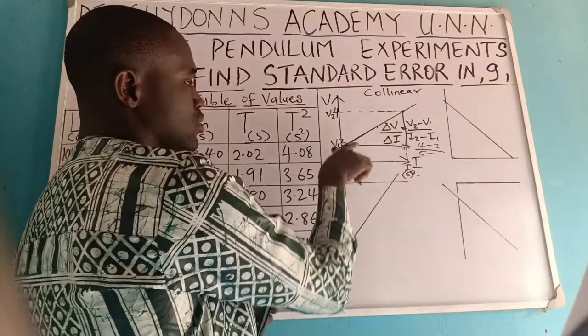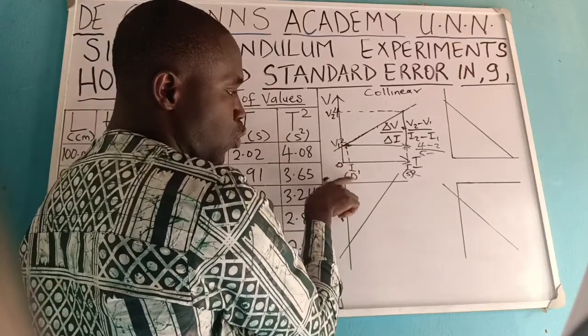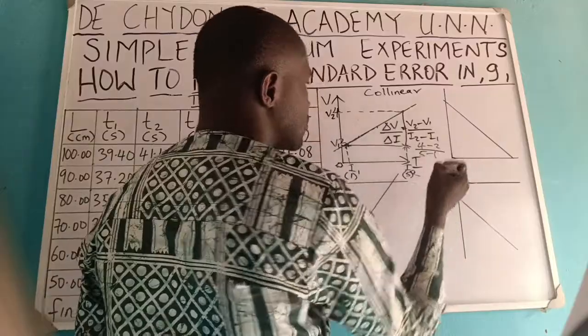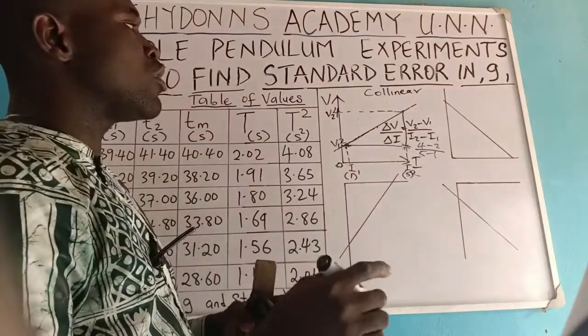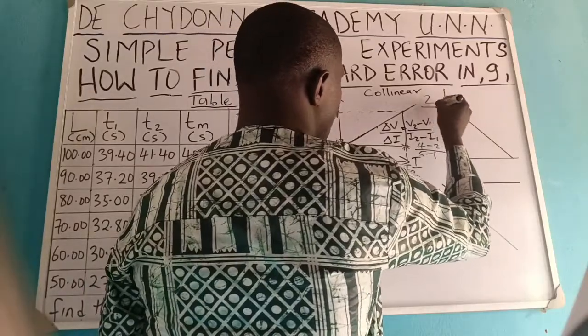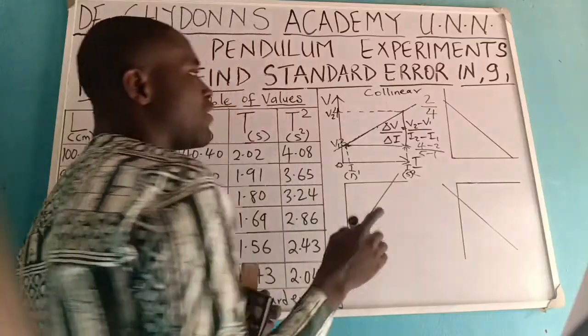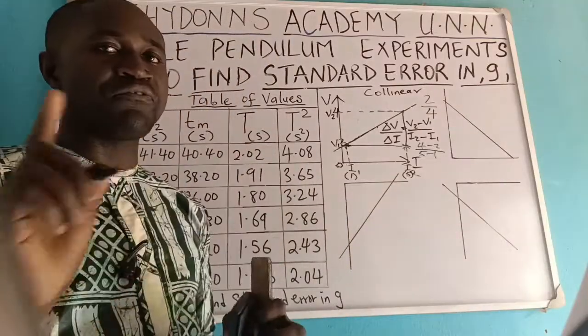Minus, we now say, this point is 1. So, 4 minus 2 will give you 2, all over 5 minus 1, which gives you 4. 2 over 4 is plus 0.5.